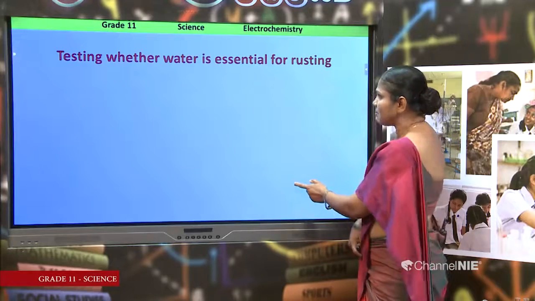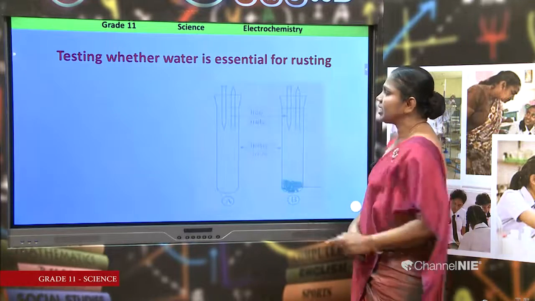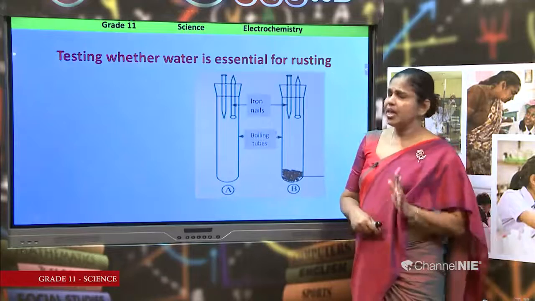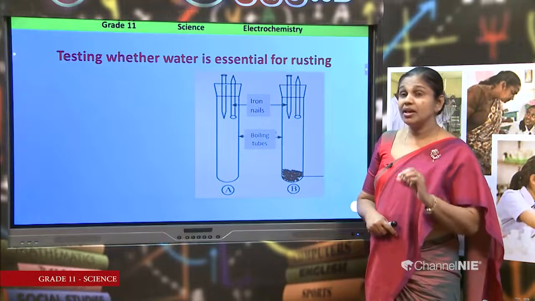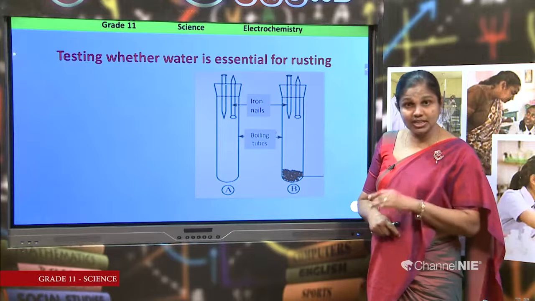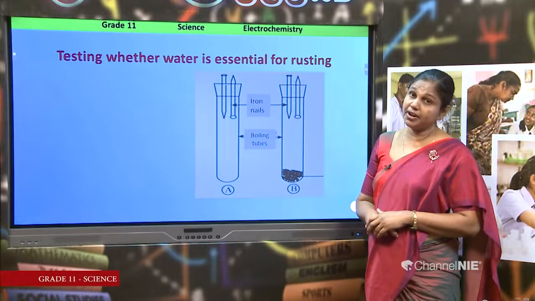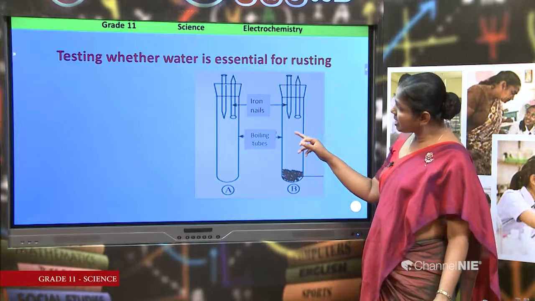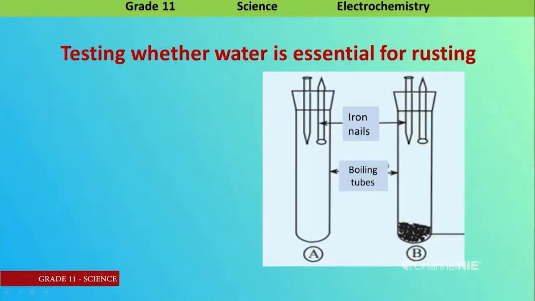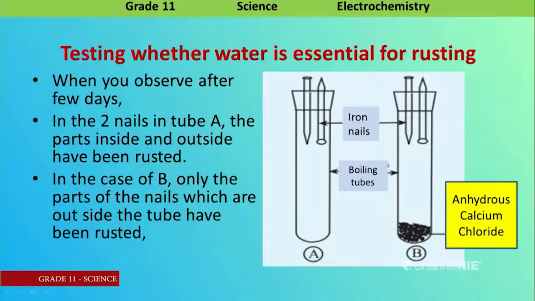Right. Now we are moving to another activity. This activity is done to test whether moisture or water is essential for rusting. For this, we have to take 2 boiling tubes, children, and for one tube, anhydrous calcium chloride is inserted.